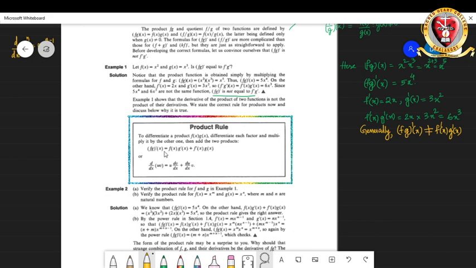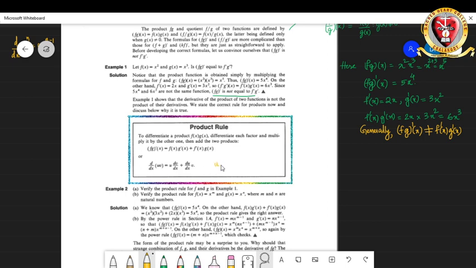Fg the whole dash of x is equal to, first you write the function f of x as such, then multiply it with the derivative of g of x, g dash of x, plus first you write the derivative of f of x into g of x. Or you can say that d by dx of uv is equal to u into derivative of v plus the derivative of u into v.